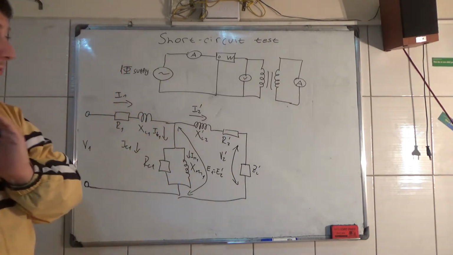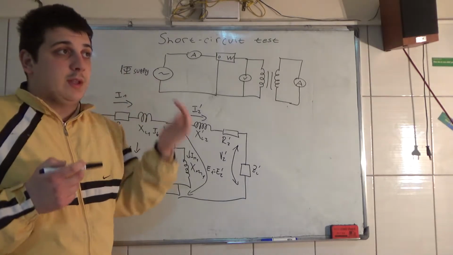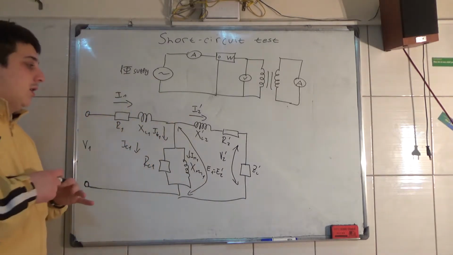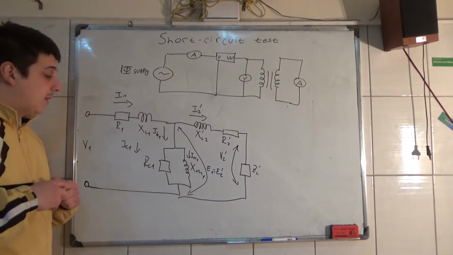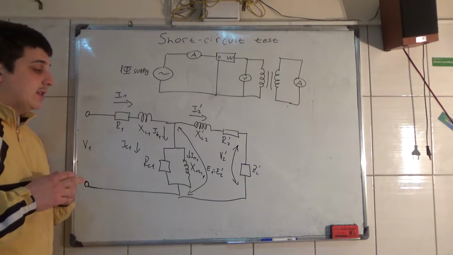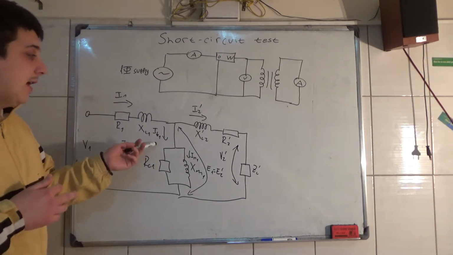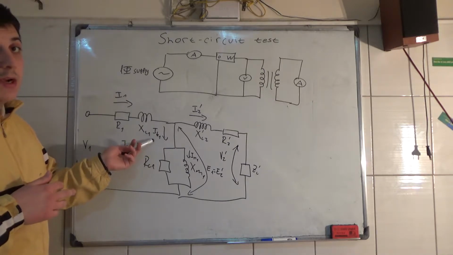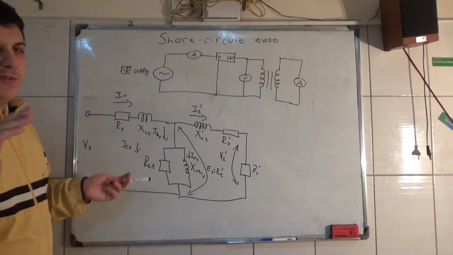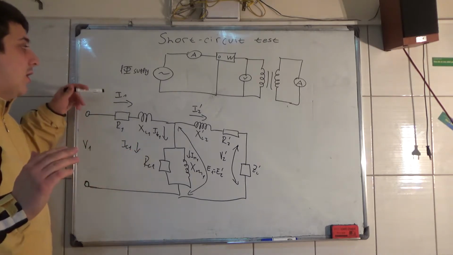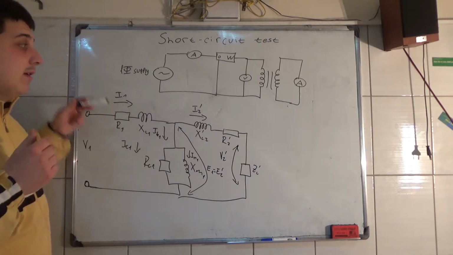Now, in this test, looking at this practical transformer equivalent circuit, I've got to tell you that the exciting current is 5% or less of the primary current.